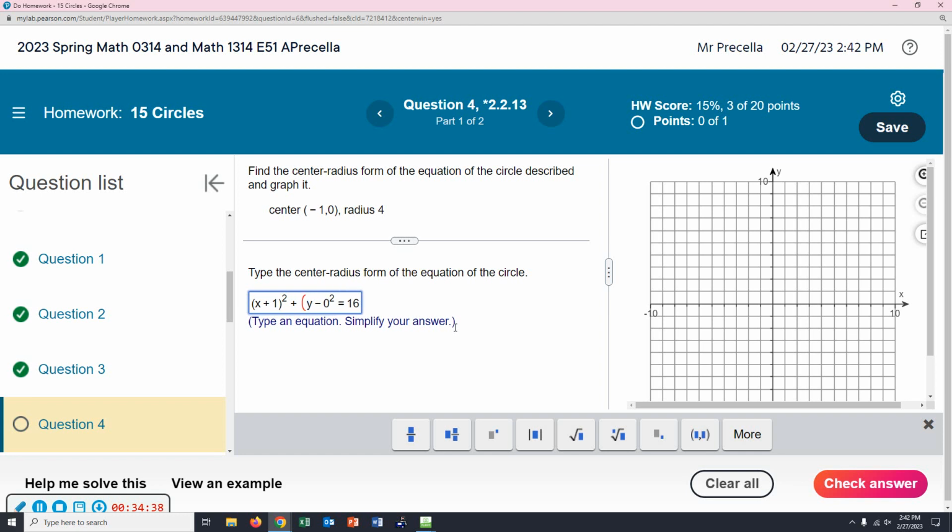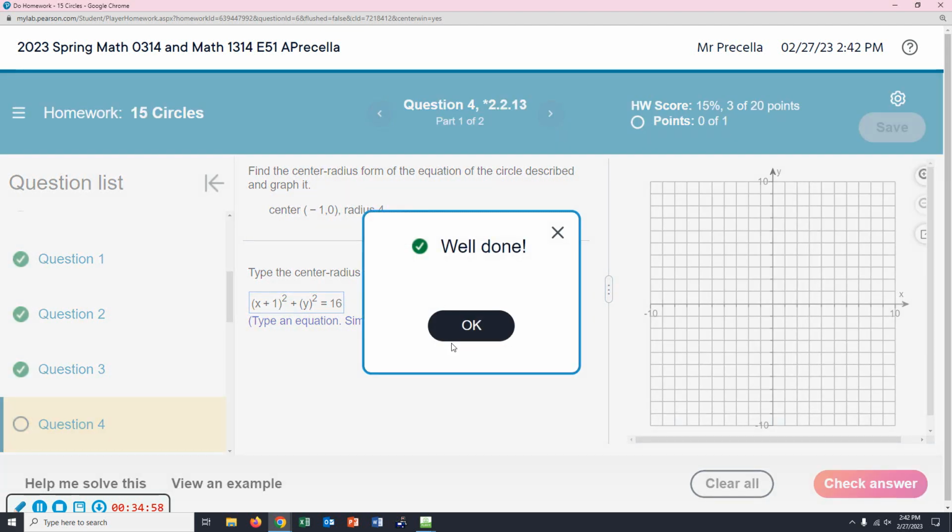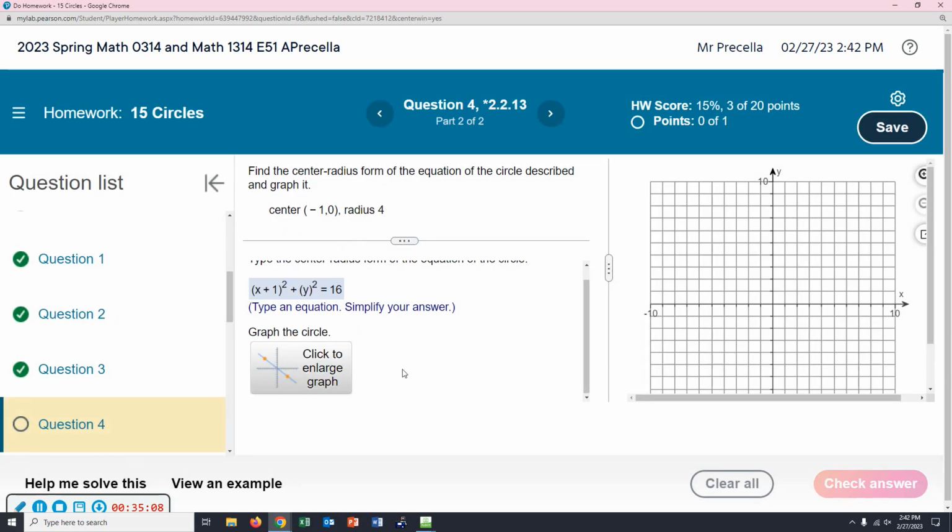Just wondering if just the y was in parentheses. Oh, just the y? Like that? Let's see. Yeah, it took it. And I think it'd take it if you put y minus 0 also. Okay? I was just making sure. The way I have this.